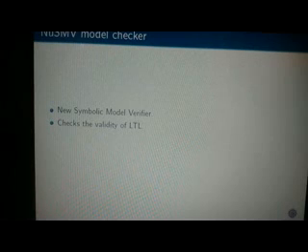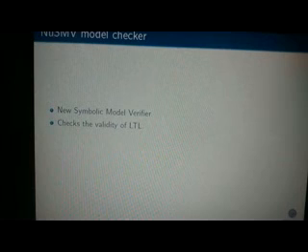NuSMV, sometimes called simply SMV, provides a language for describing the models we have been drawing as diagrams, and it directly checks the validity of LTL formulas on those models.